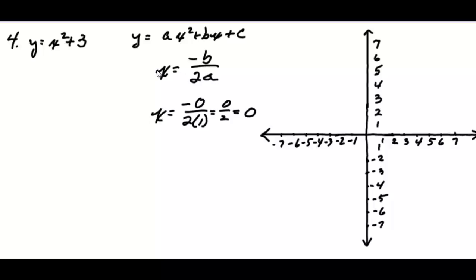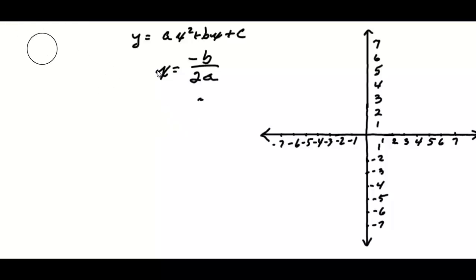Let's erase what we've got here, and take a look at problem number 6. In problem number 6, we have y equals x squared plus 2x.